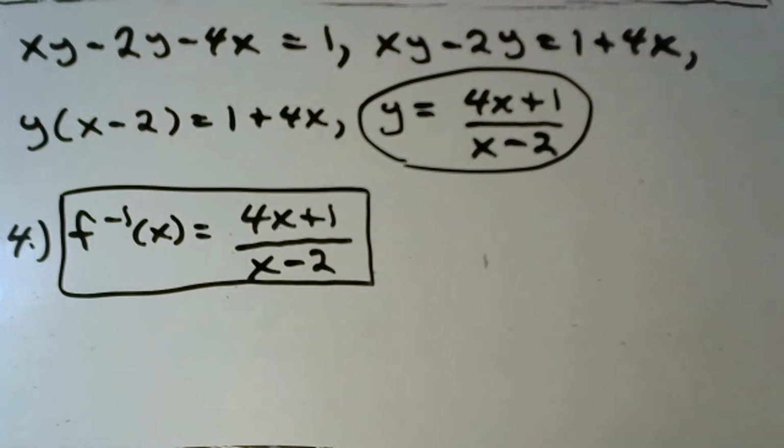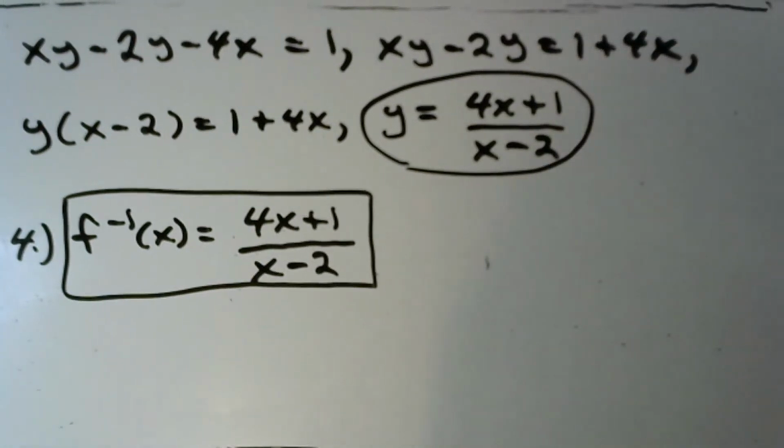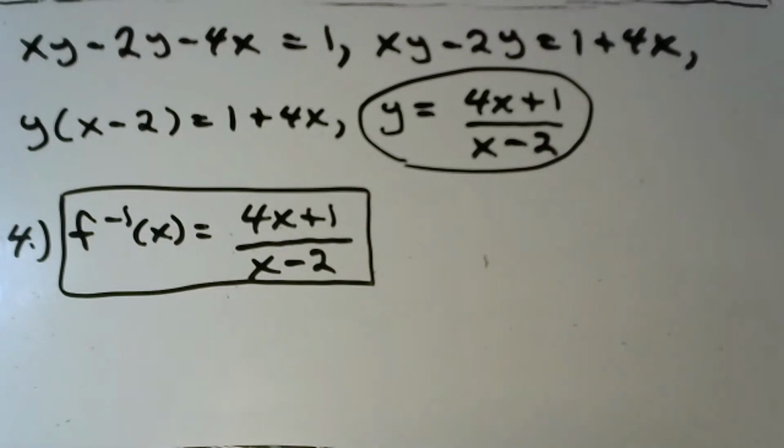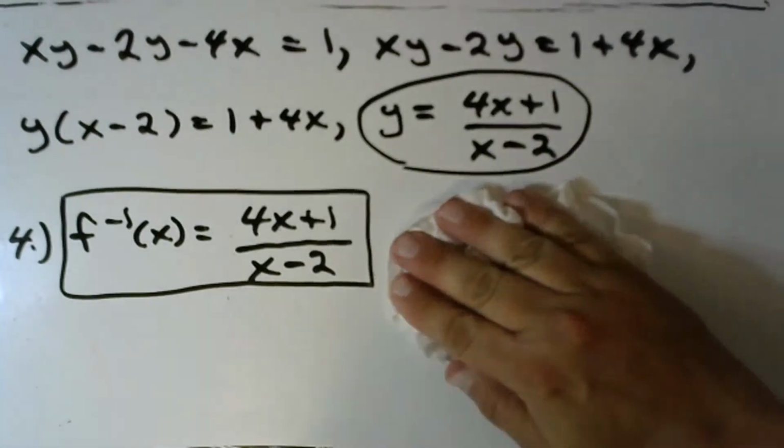And there you go. So that's your answer. Now I want to talk about something with inverses, and it has to do with coordinates. And I want to go back to this one.